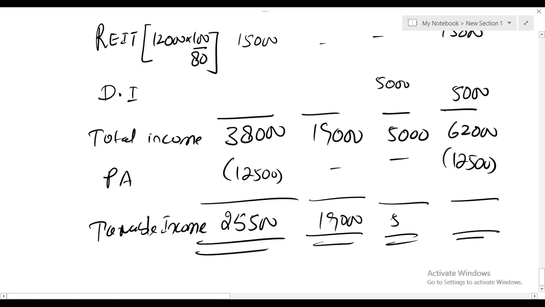This is 19,000. This is 5,000. 62 minus 12,500 gives me 49,500. Okay, now let us try to calculate income tax liability. Let's see what happens.